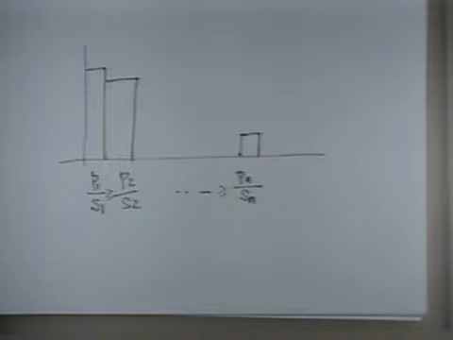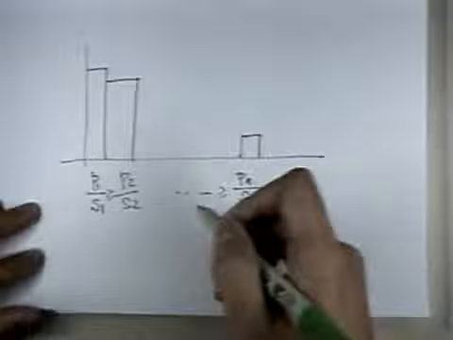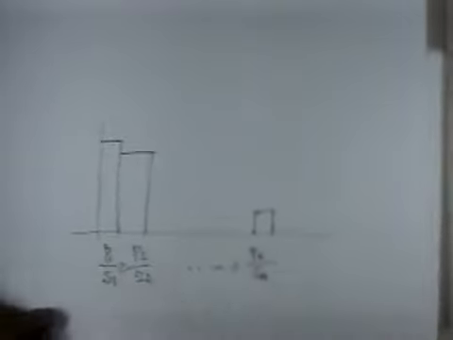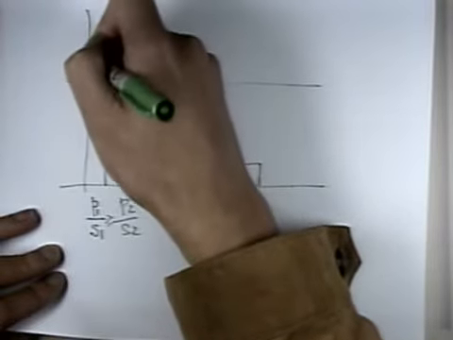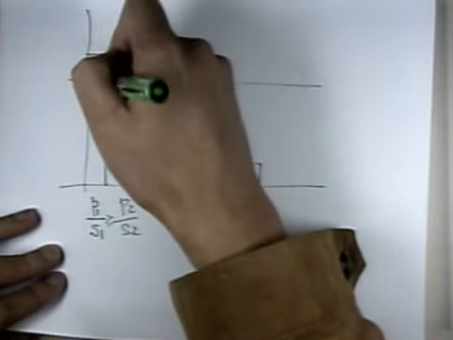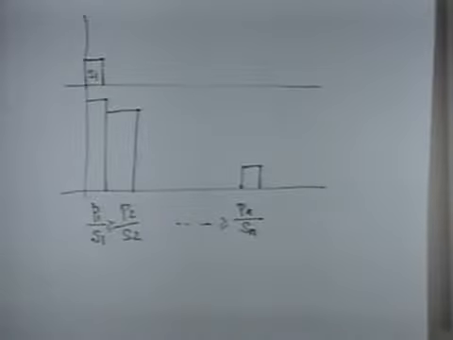Well, I need to make sure that if the public bet is, maybe I need to draw a sketch like this. If the public bet, this is, for instance, S1, okay?